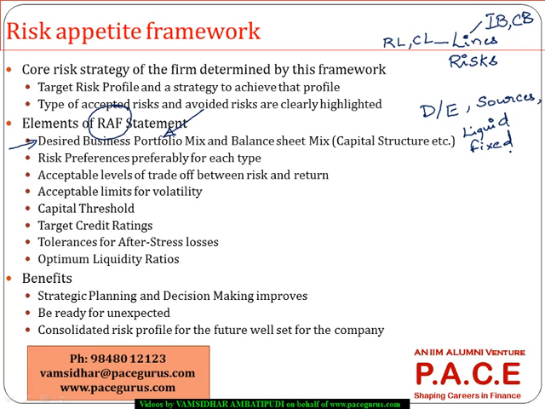And risk preferences: what are the core risks for the bank or company versus the non-core risks. Probably for a company manufacturing automobiles, business-related risk is always a core risk, but risks to do with the market or credit go as non-core because the company is not in the business of managing those things.